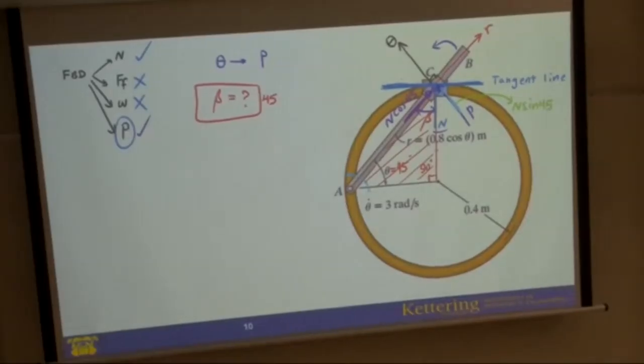Now we have drawn the free body diagram: R, theta, tangent line. In my opinion, we can solve the remaining easily.